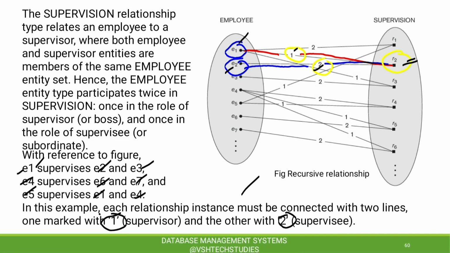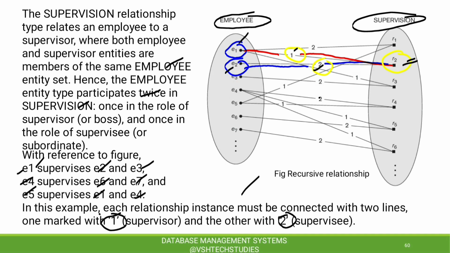So to connect employee entity with the supervision relationship, 2 lines are required. Okay. So when the same entity type participates twice in a relationship, that relationship is called a recursive relationship.